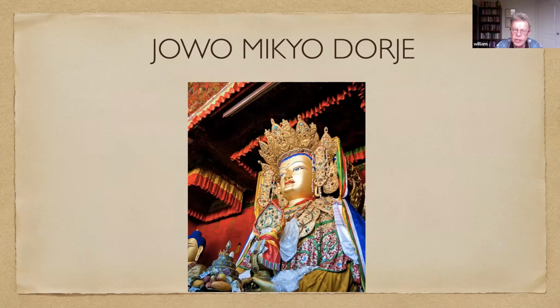She, according to legend, also brought with her as part of her dowry this famous statue known as the Jowo Mikyo Dorje, and it's located inside this temple. It's been there ever since. It is the most revered statue in all of Tibet.